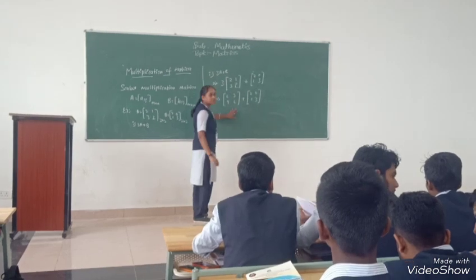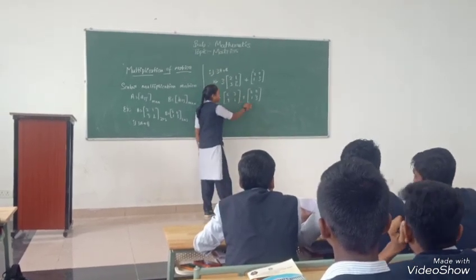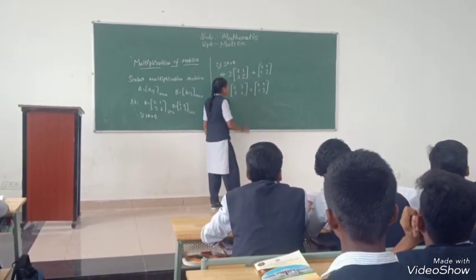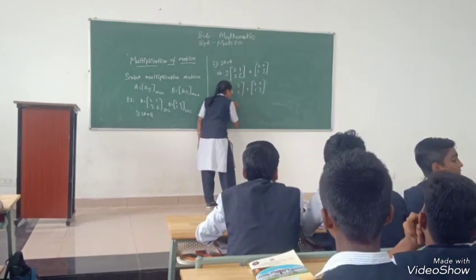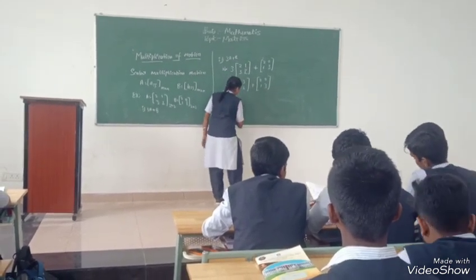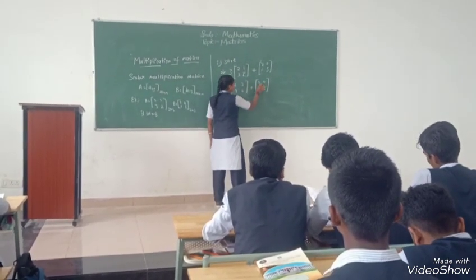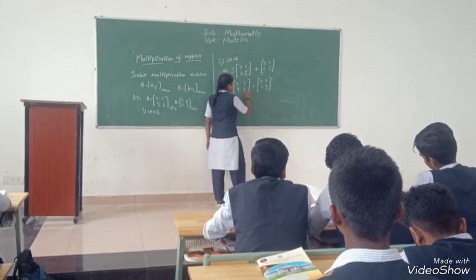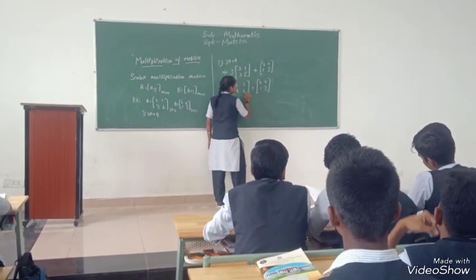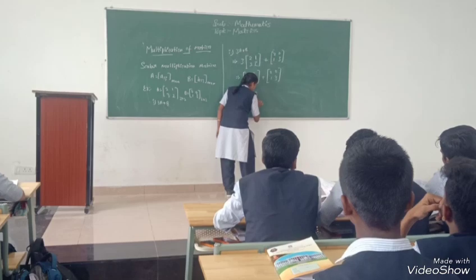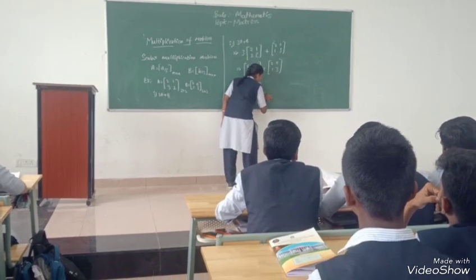According to the addition of the matrices, we directly add the corresponding elements: 6 plus 2 is 8, 3 plus 0 is 3, 9 plus 1 is 10, 6 plus 3 is 9. That is a 2 into 2 matrix.